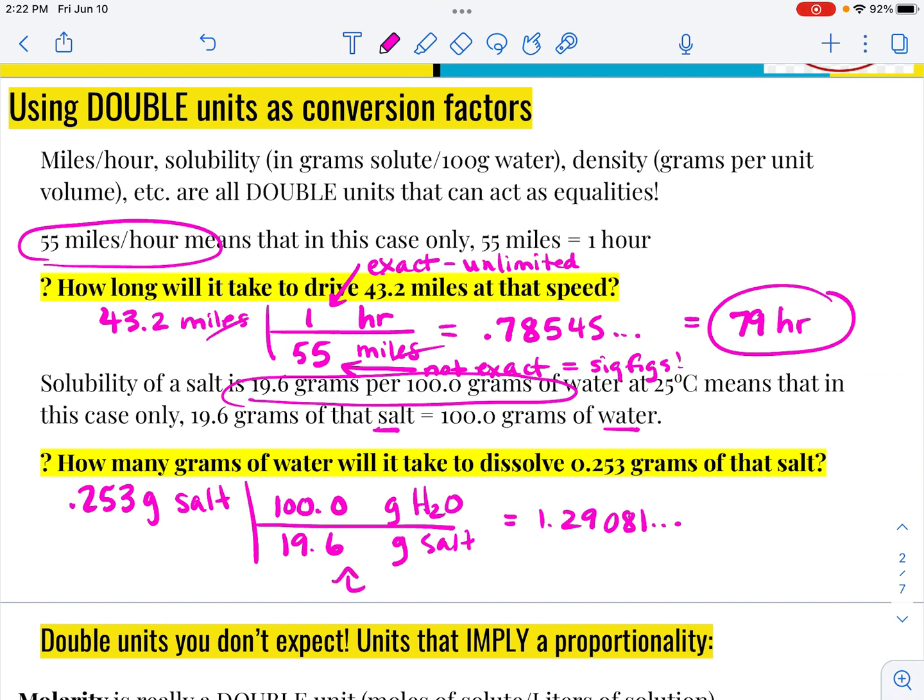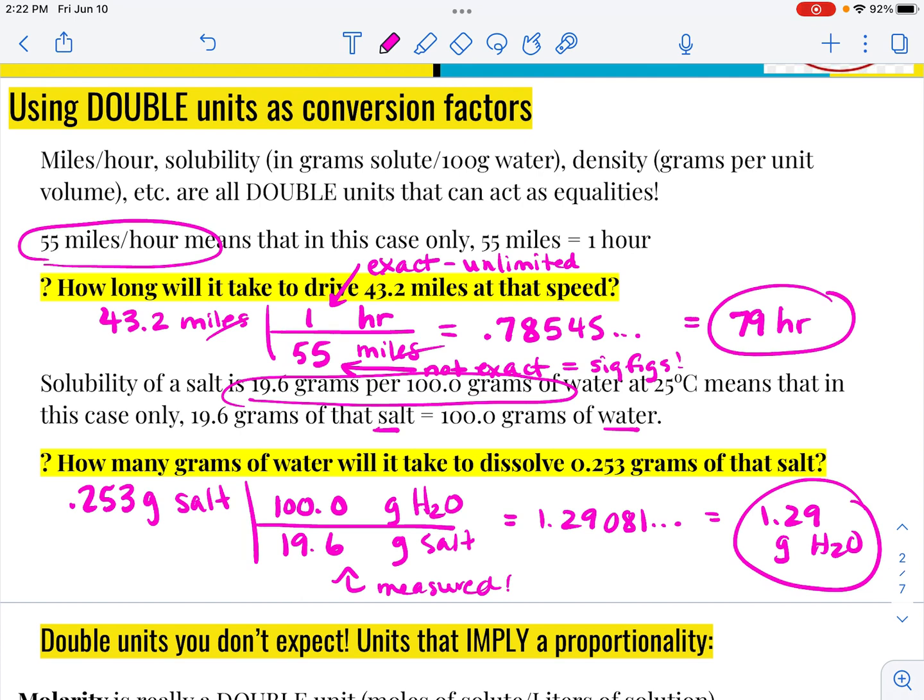Since these are both measured values, they matter for our sig figs. So this would be 3 in my given and 4 and 3 in my conversion factor, so I'm going to keep 3, which would be 1.29 grams of water required to dissolve 0.253 grams of that salt.